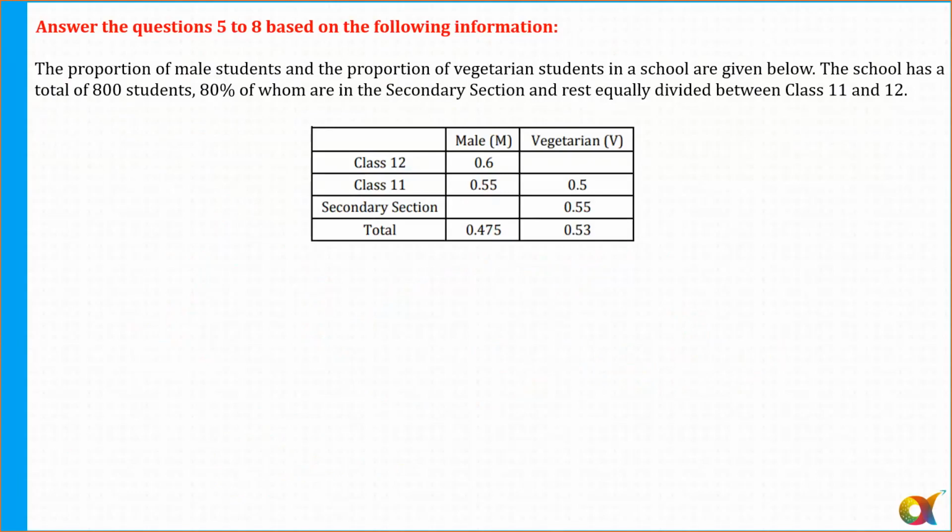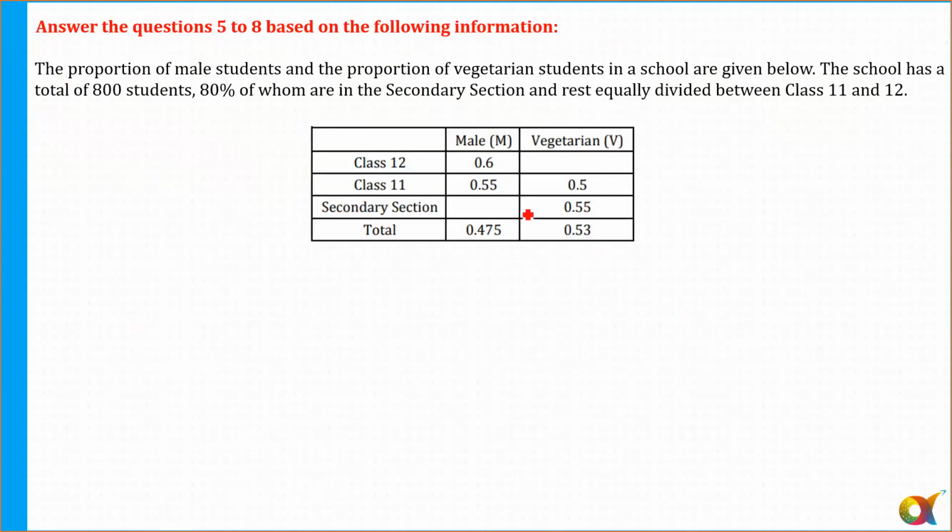Now 5 to 8. Let's see. The proportion of male students and the proportion of vegetarian students in a school are given below. Okay, so male and vegetarian, these proportions are given. The school has a total of 800 students, 80% of whom are in the secondary section.